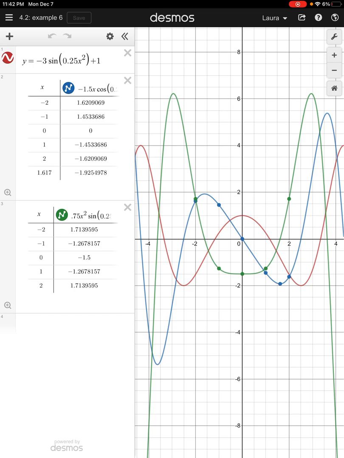Because I look here and my acceleration is my green function, and it's 0 here at 1.617. So then I put 1.617 into my velocity function, and I got that negative 1.925. So that's how I got these values on that graph.